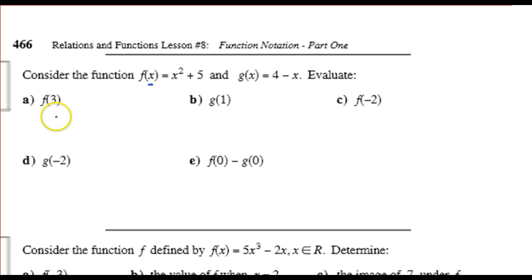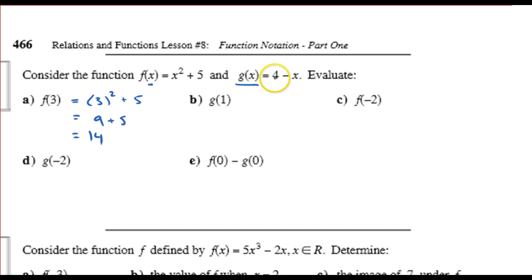I'm going to input 3 into my function. So instead of the x, I'm going to put a 3 squared plus 5, which is 9 plus 5, and that would be 14. So if I input 3 into my function, I get the output of 14.